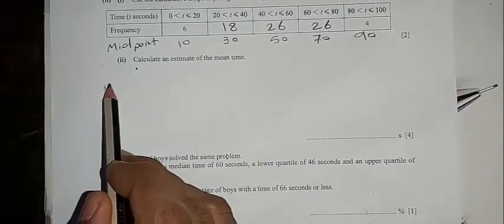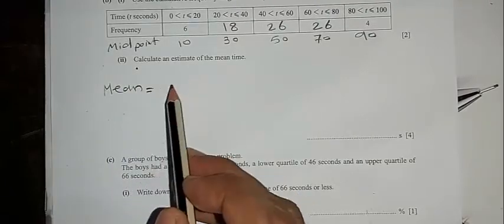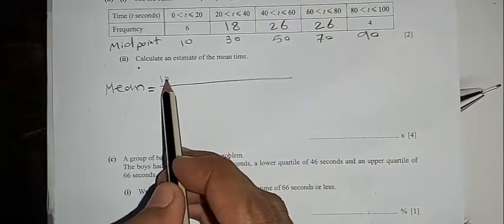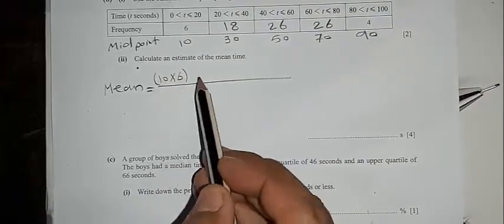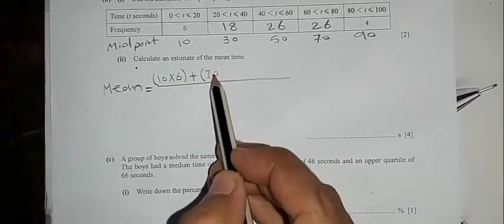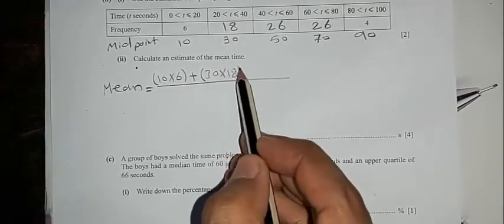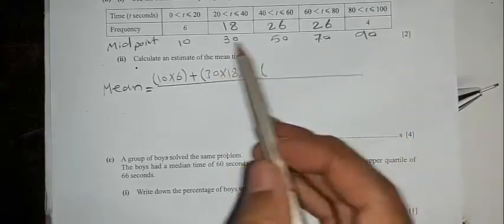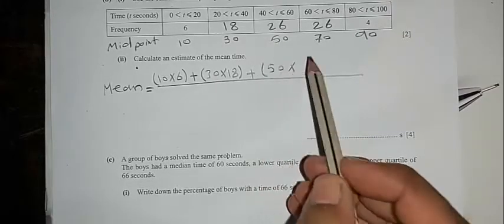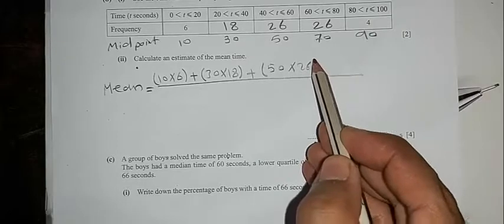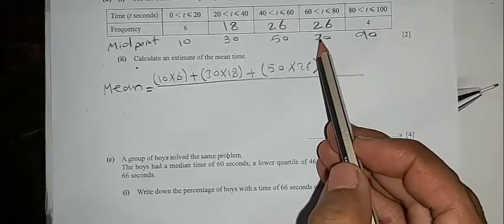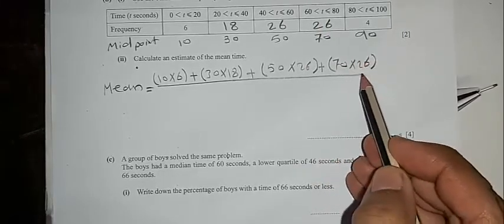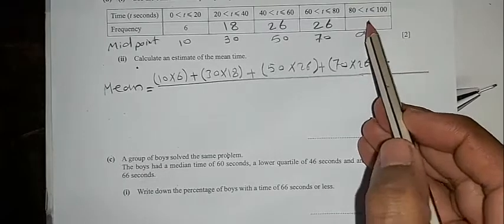So mean equals 10 times 6, plus 30 times 18, plus 50 times 26, plus 70 times 26, then plus 90 times 4.